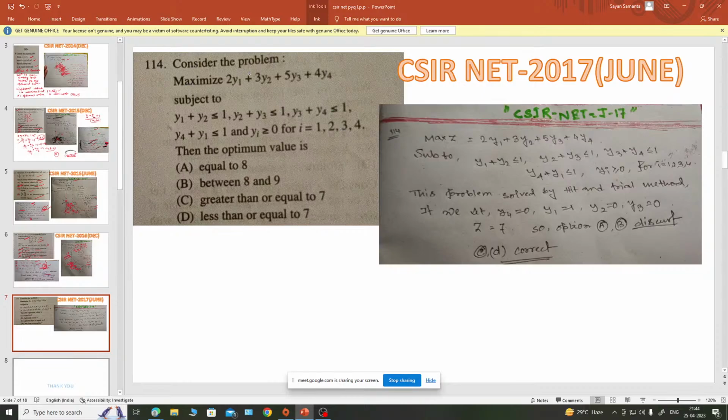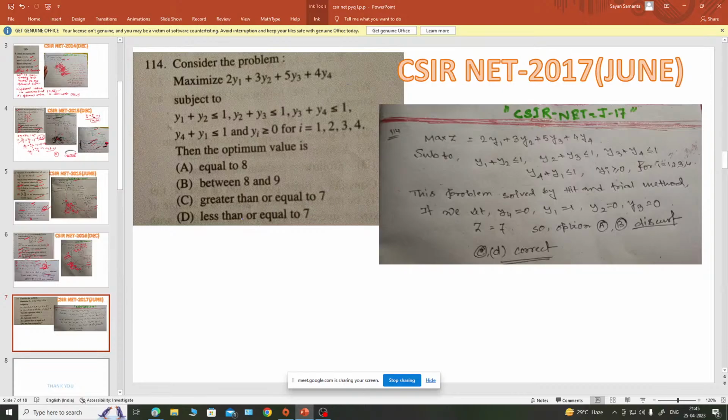The question says: consider the problem maximize 2y1 plus 3y2 plus 5y3 plus 4y4, subject to the conditions y1 plus y2 less than or equal to 1, y2 plus y3 less than or equal to 1, y3 plus y4 less than or equal to 1, and y4 plus y1 less than or equal to 1, and each yi greater than or equal to 0. Find the optimal value. Which option is correct? First says equal to 8, second says between 8 and 9, third says greater than or equal to 7, or less than or equal to 7.